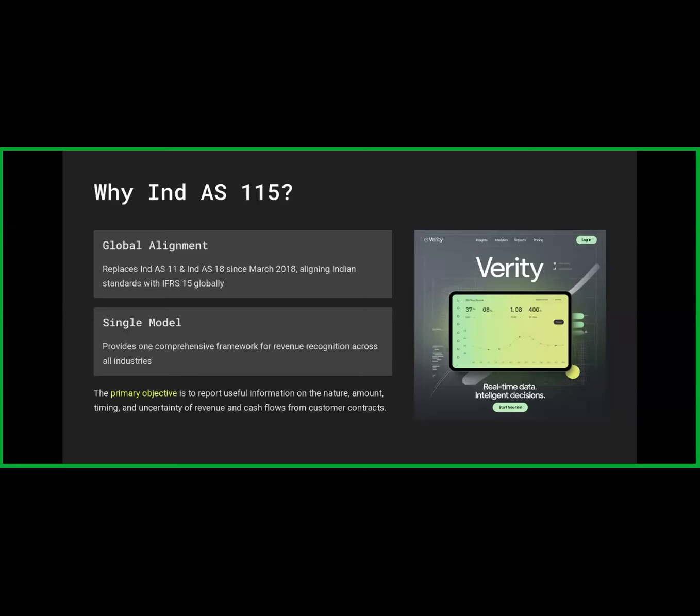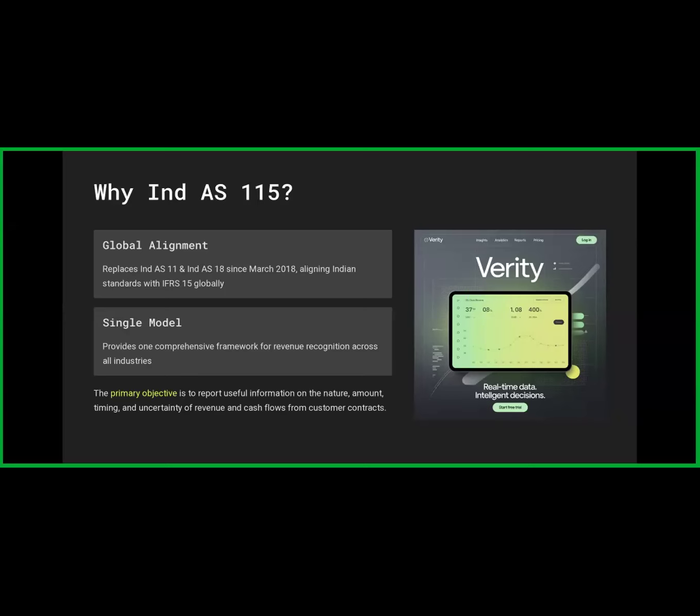How do they put the revenues in the profit and loss account, how do they put the transactions of the different revenue inflows in cash flow statements, and how do they put the values in the statement of changes in equity or in the balance sheet? For revenue recognition, that is revenue from contracts with customers, whatever revenue they are generating, for this purpose the Ind AS 115 provides the guideline.